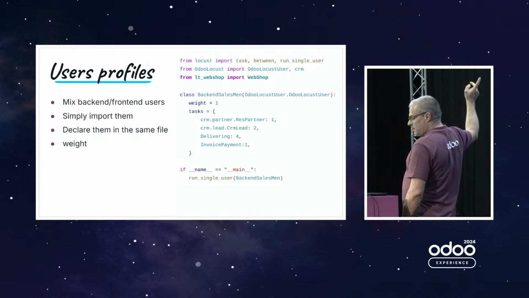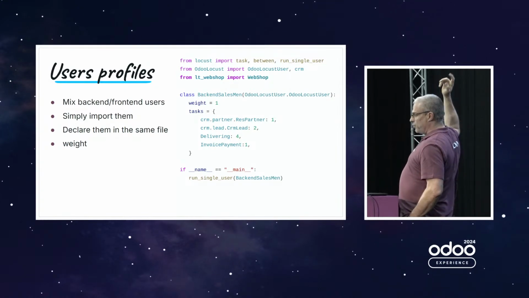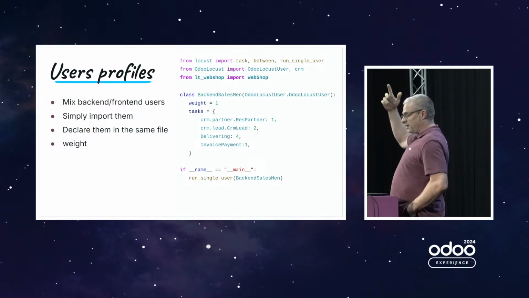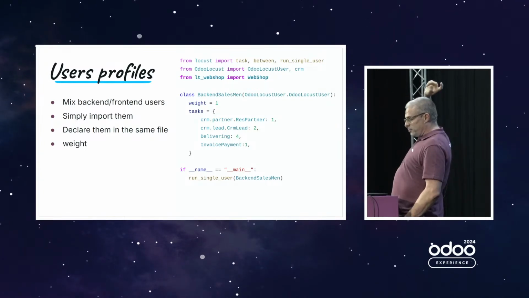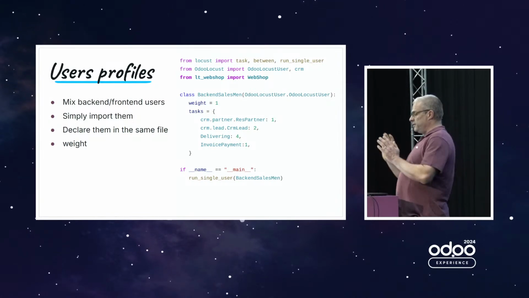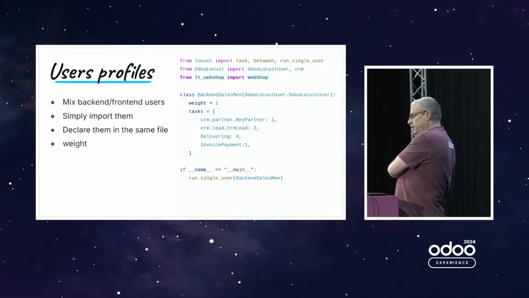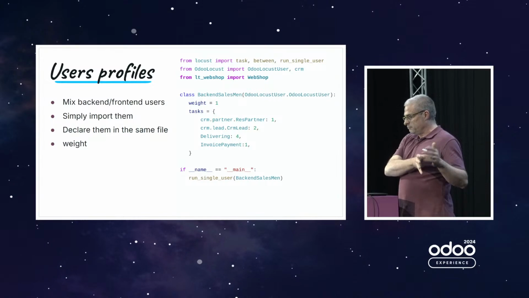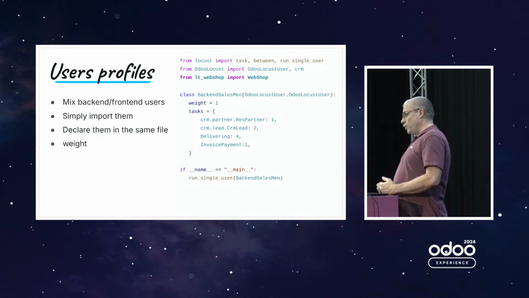Here, in the backend salesman, I'm importing the web shop. If I run the load test of the backend salesman, it will also run the profile of the web shop. So you can either define all your profiles in one file, or you import the profiles in your test file. Don't forget the weights.